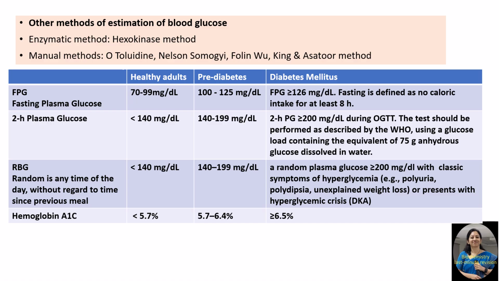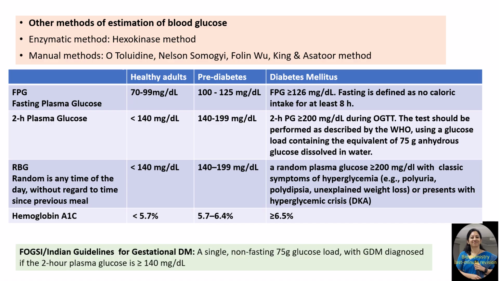If the value is 6.5% or more, then a diagnosis of diabetes mellitus is made. If the value lies between 5.7 and 6.4, then a diagnosis of pre-diabetic condition or impaired glucose tolerance is made. This is how you need to interpret the blood glucose values depending upon the fasting state, post-prandial state, 2-hour plasma glucose, and the random blood glucose.